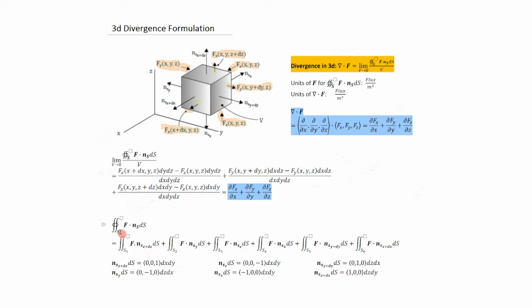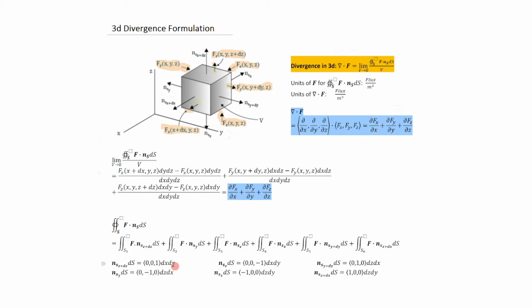This just shows how things were broken down into 6 individual integrals, and that represents all the 6 terms that you see here. If you want to know what the area vectors are, then for example here, this is n for the z plus dz term. That z plus dz would give you this vector. Well, it's pointing in the z hat direction, all right? And sure enough, it is. And the differential area with respect to the xy plane is dx dy.